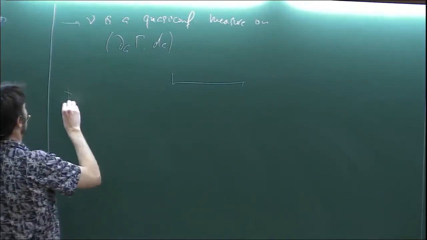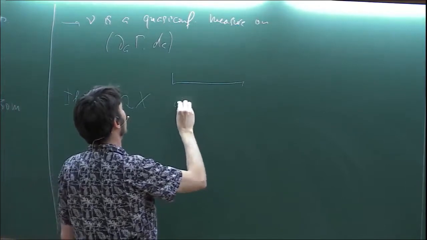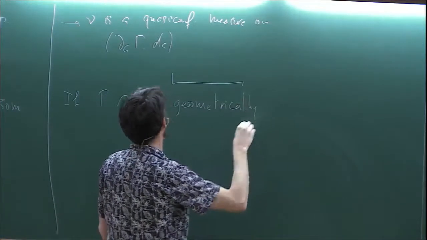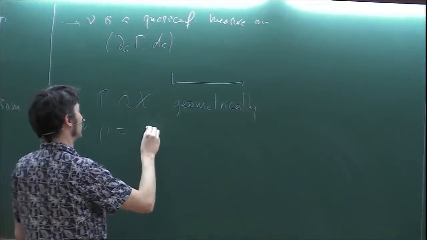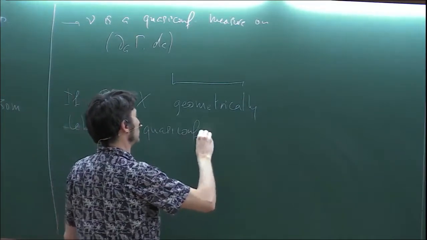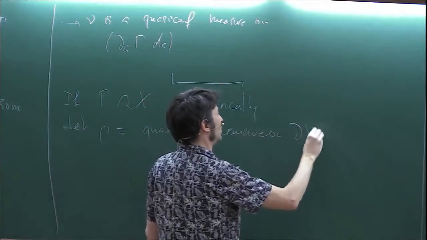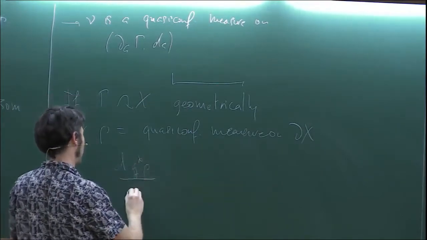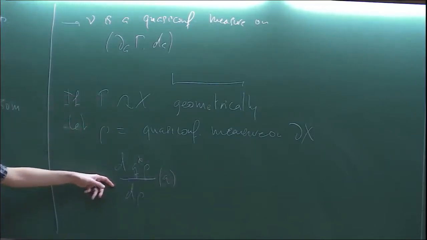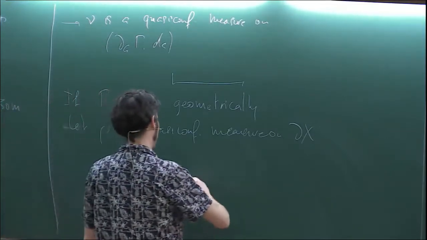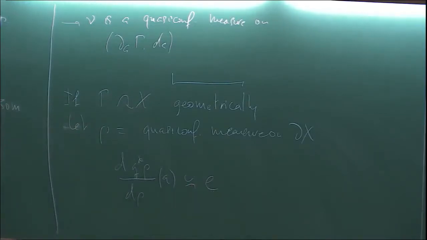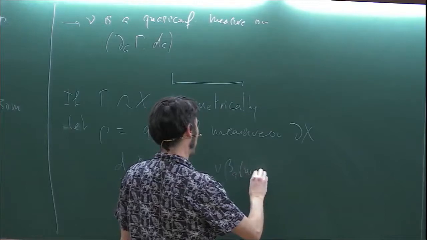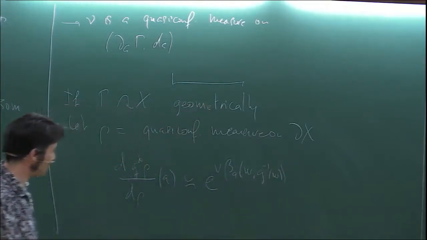So if Gamma acts on some hyperbolic space X geometrically, and you denote by rho a quasi-conformal measure on the boundary, then when I pull back rho by g, and I evaluate its Radon-Nikodym derivative at a point a at infinity, this is essentially e to the Busemann function at a of my base point w, g^{-1} of w.